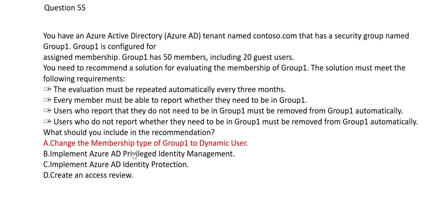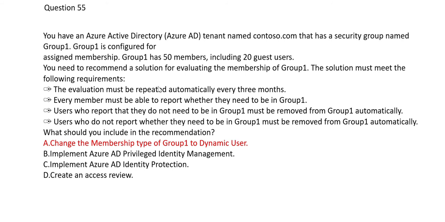This is a feature of access review, but with so many other rules, access review is not the best option. You should go with a membership type of dynamic user. This is well suited to implement so many rules.